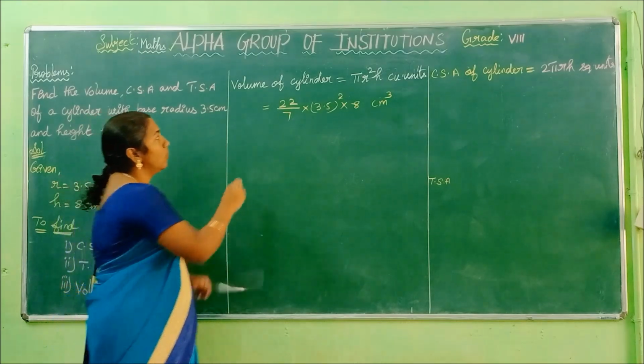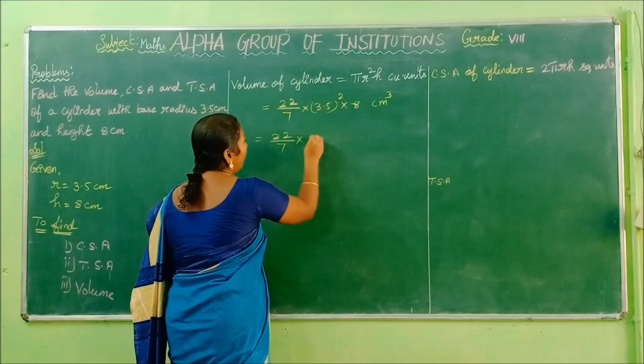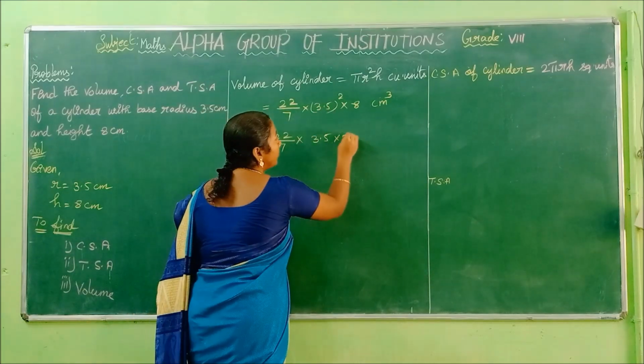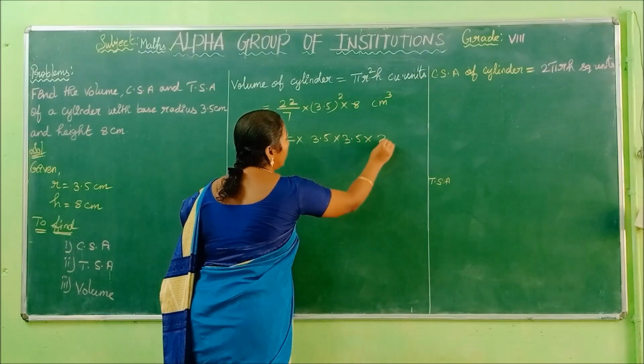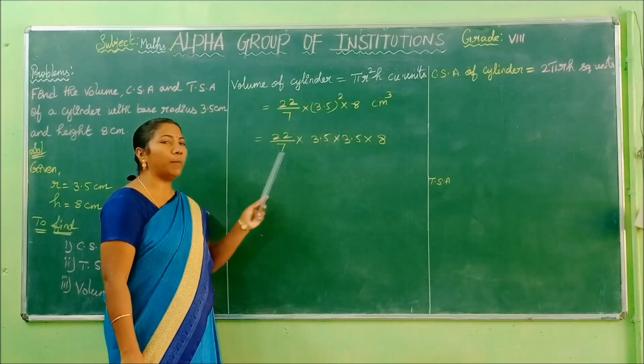Next we are going to calculate this. 22 by 7 into 3.5 whole square means 3.5 into 3.5 into 8. Next we are going to cancel this 3.5 by 7.